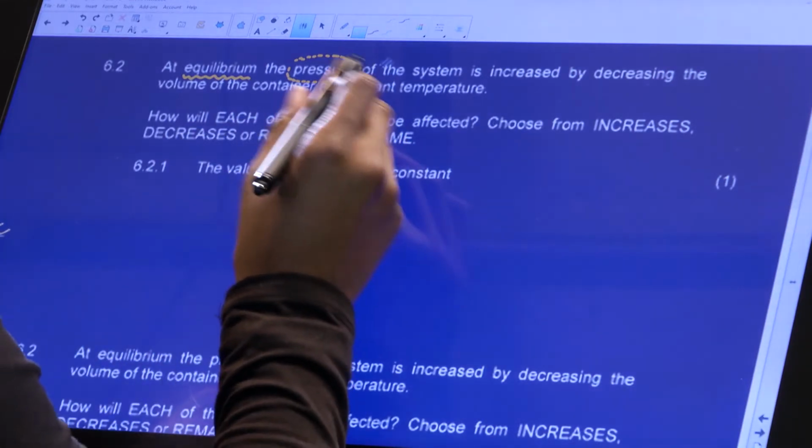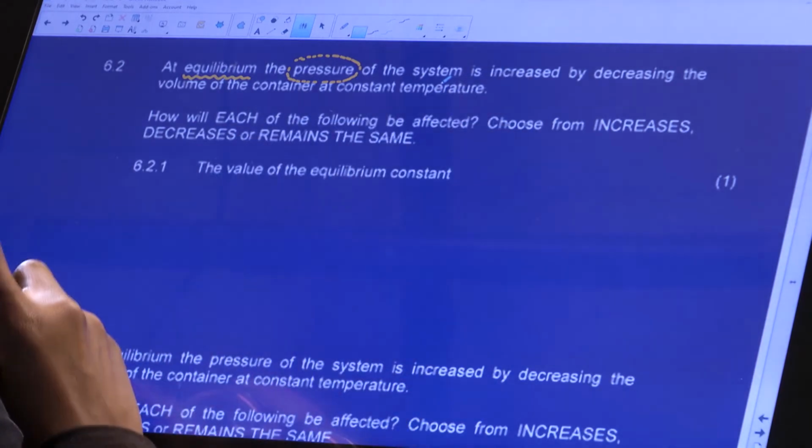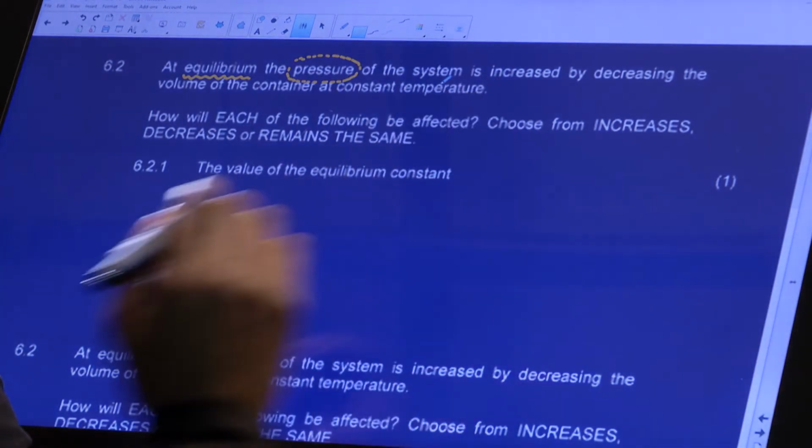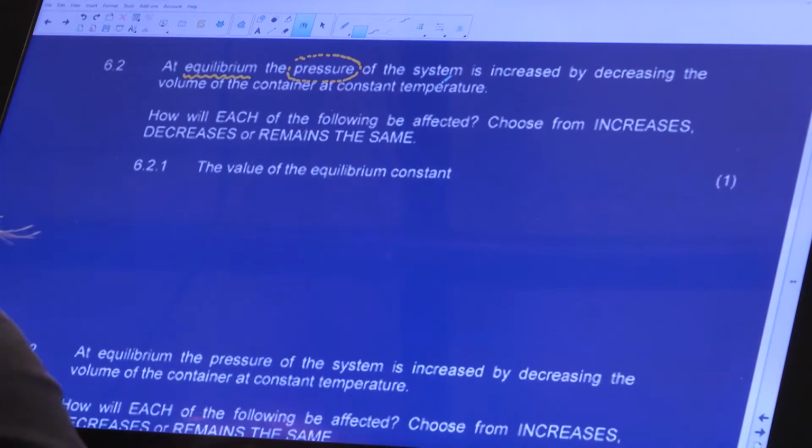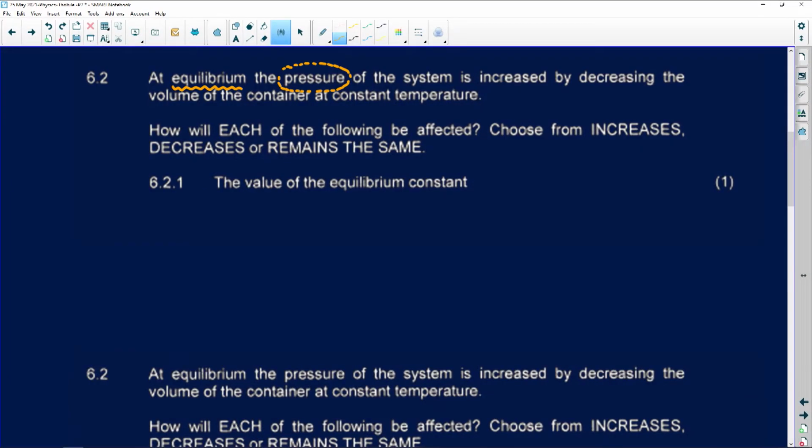Remember, the pressure is increased by decreasing volume. So now we must choose only increase, decrease, or remains the same. The first one says the value of the equilibrium constant. What happens to the equilibrium constant when we increase pressure by decreasing volume? It remains the same.